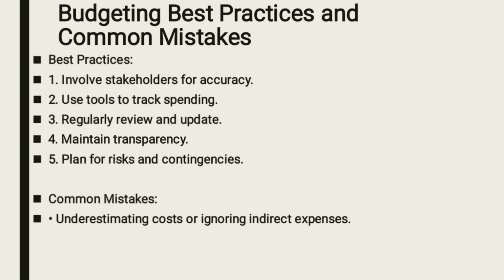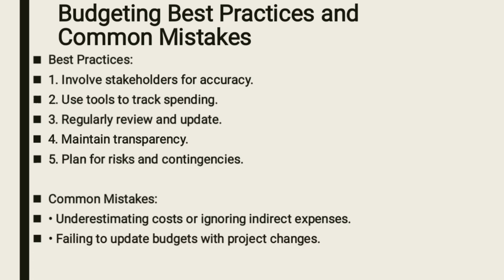For example, in your office as a project manager, you need Wi-Fi, but you haven't put it in your budget. That is where you undermine the indirect expenses. Another mistake is failing to update your budget. Your budget has changed, but in your system you haven't updated it. That one can cost you at some point.